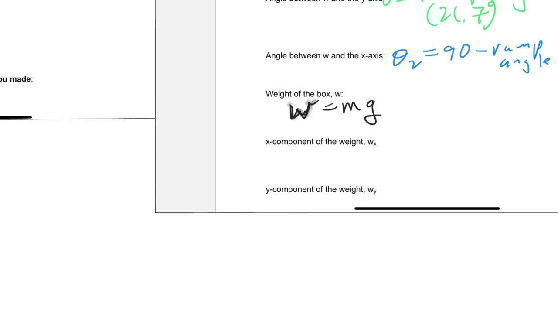What's the x component of the weight, Wx? Well, you can use theta 1 or theta 2. I like to use the angle from the x. So Wx is the weight, which you just found up there, times cosine of theta 2, if you want to use the angle from the x-axis.